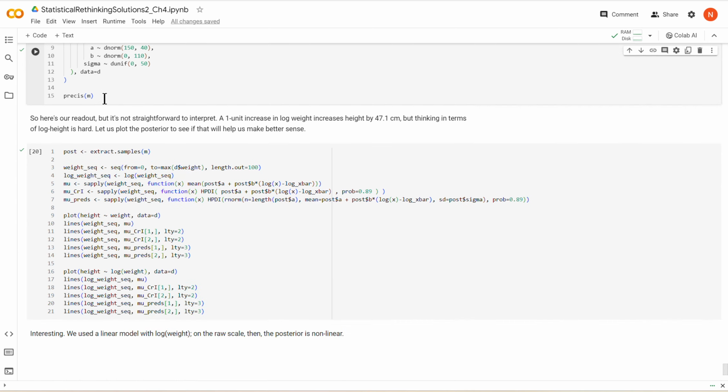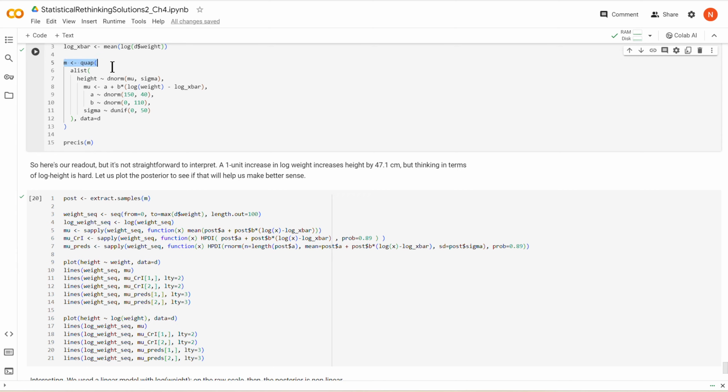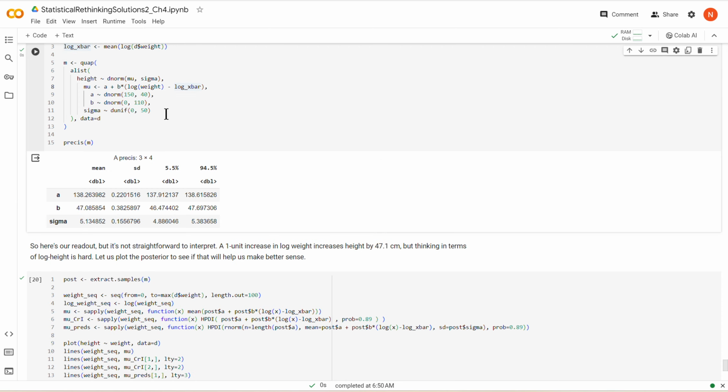And so here's our model. Notice that we are using the model that we've been using above, but we now have log weight minus log of x bar. That's really the only difference. Now when we run this, we get our summary readout for the coefficients alpha, beta, and sigma.